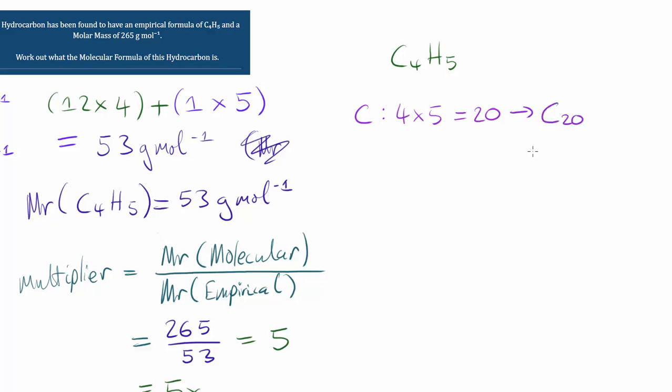Now we apply the same thing to the hydrogen. In this case we've got 5, so it's going to be 5 times 5, and that gives us 25. So the coefficient corresponding with the hydrogen is going to be 25, giving us H25.